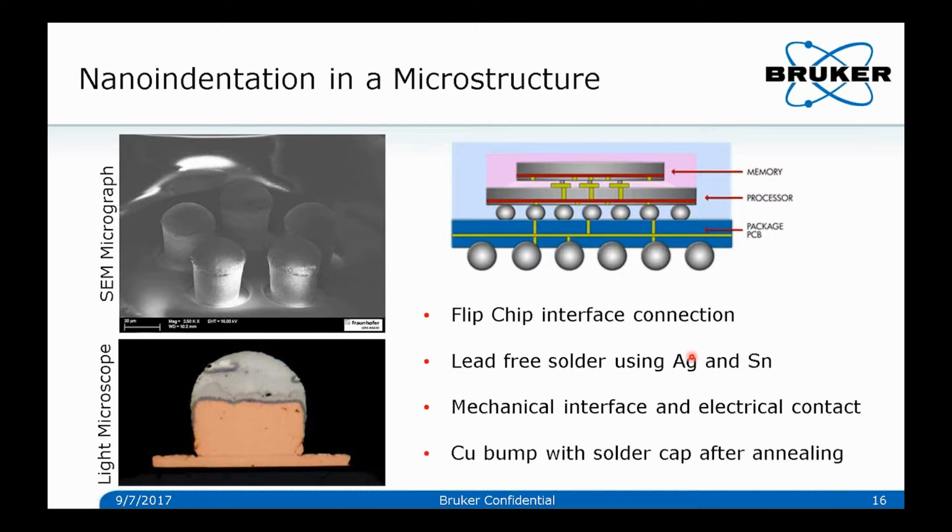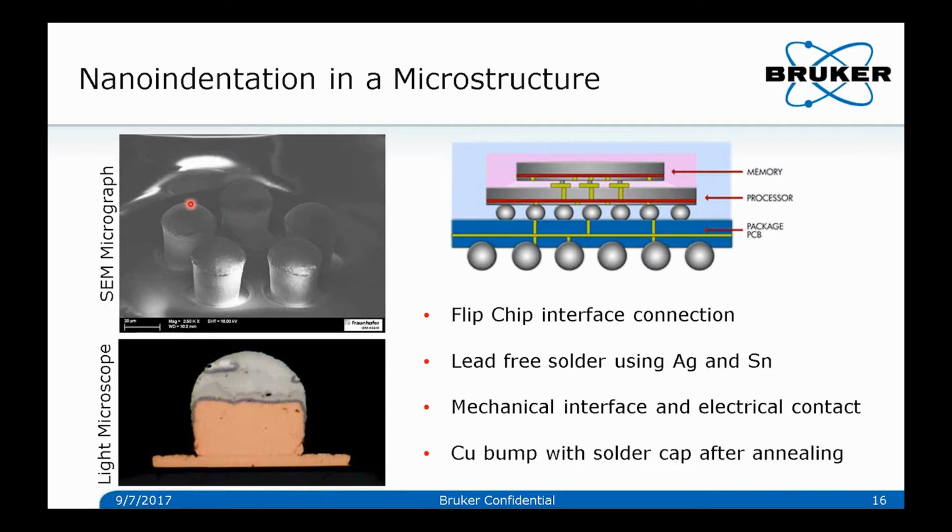call nanoDMA. So for the solder bump material, this is an example of a printed circuit board where you have, on top of that, a processor, and on top of the processor, you have some memory. And these are all connected using a so-called flip chip interface. So you have solder bumps, which are primarily copper.